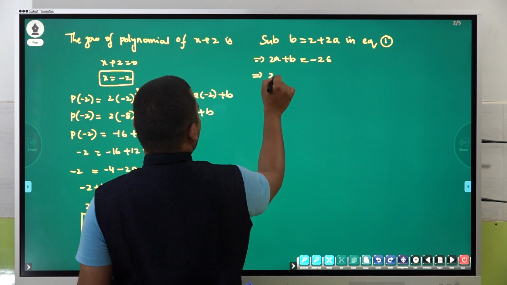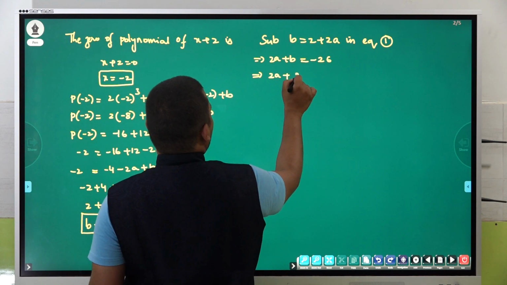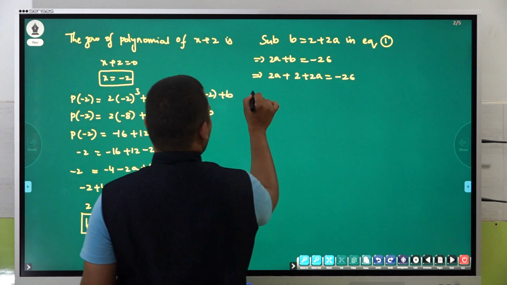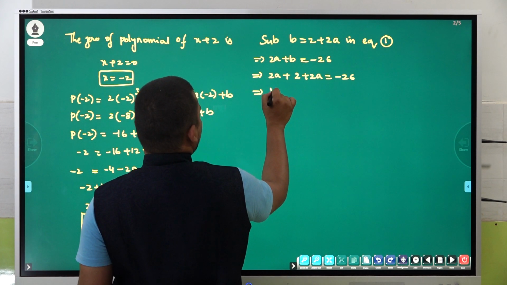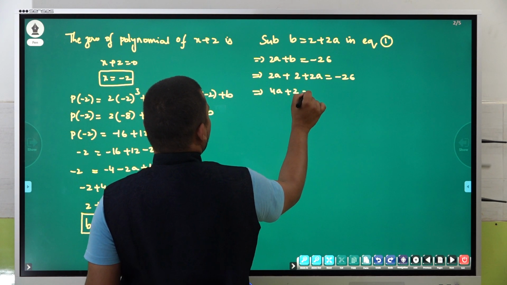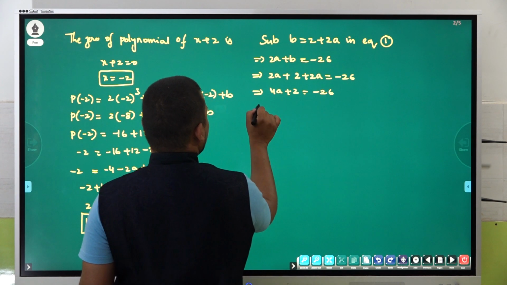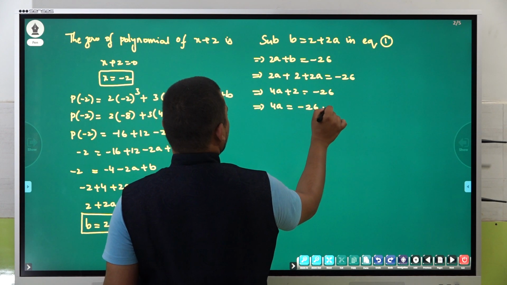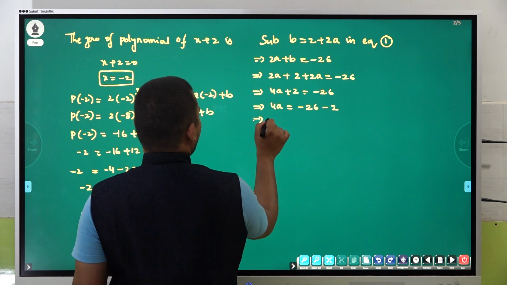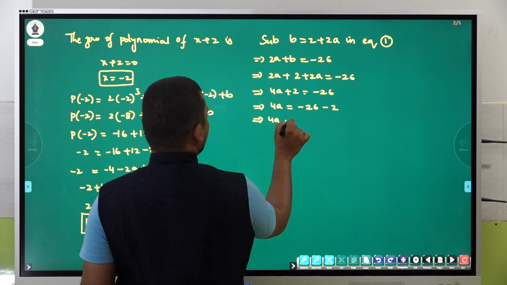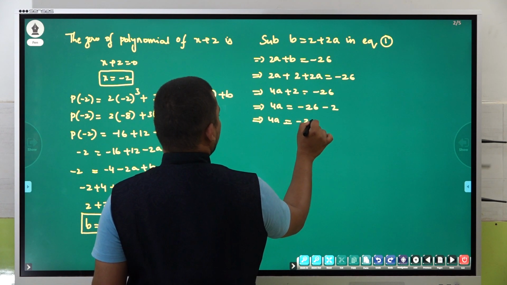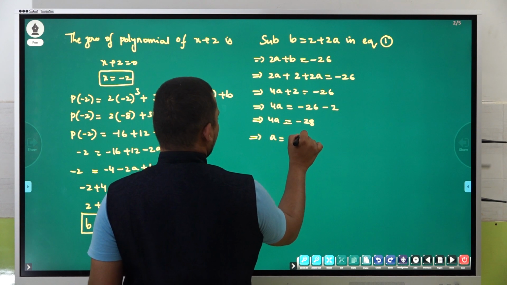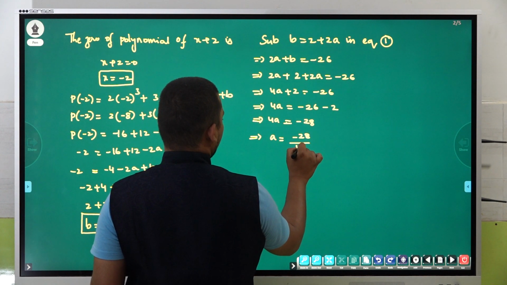Then 2a plus 2 plus 2a is equals to minus 26. 2a plus 2a is 4a plus 2 is equals to minus 26. 4a is equals to minus 26 minus 2. 4a is equals to minus 28, and a is equals to minus 28 by 4.